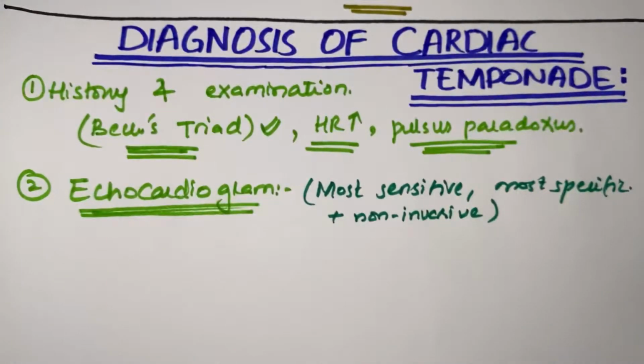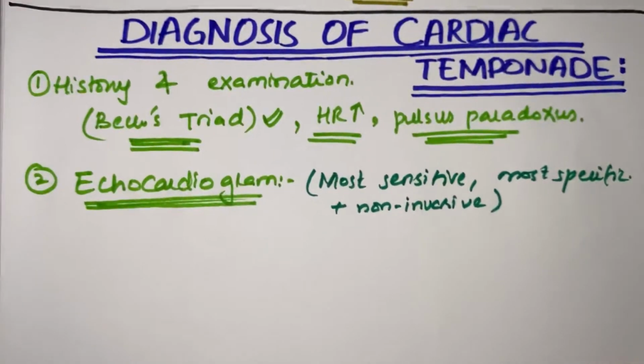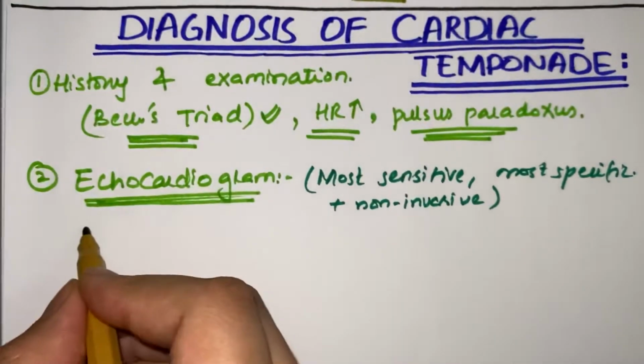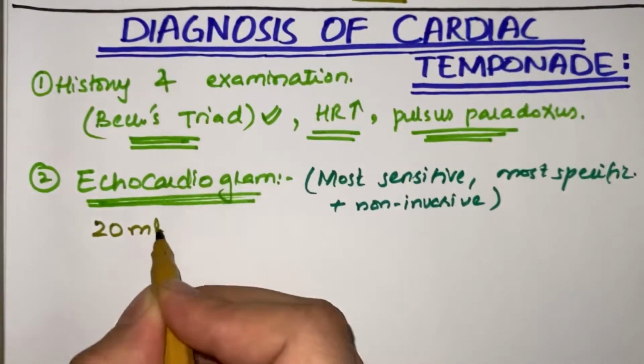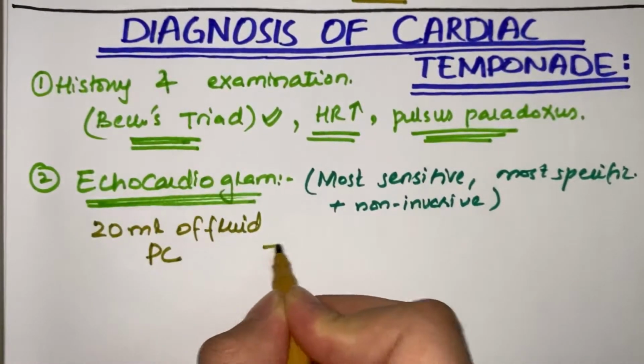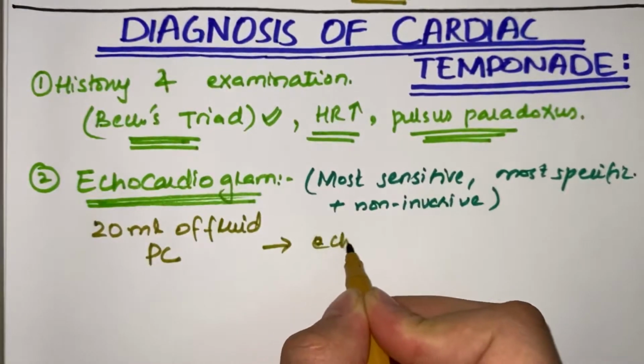Why most sensitive? Because we know that in cardiac tamponade there is fluid in the pericardial cavity. So even if the fluid is less than or equal to 20 ml within the pericardial cavity, it can also be detected by this echo.